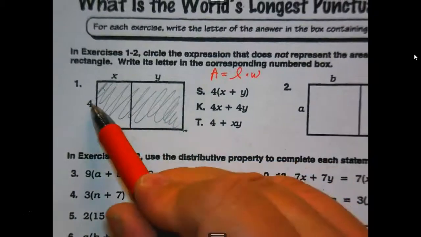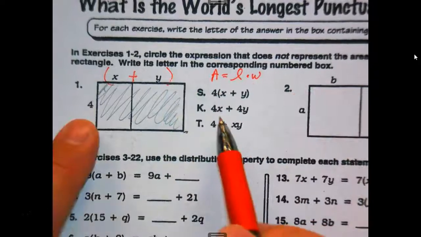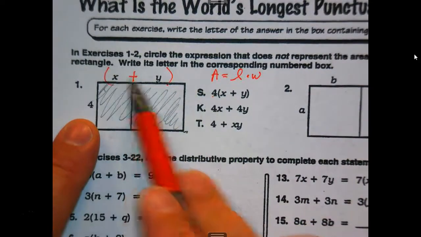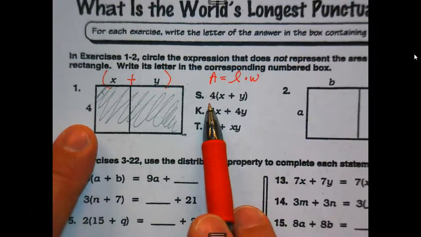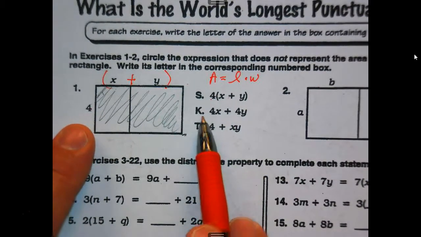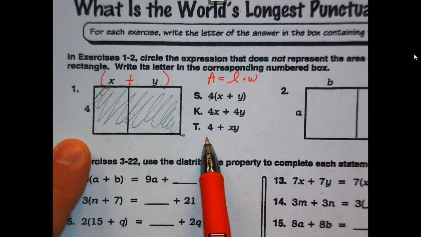So I have 4 times, and then this length is going to be x plus y. So the area is length x plus y times 4, your width. So s works, they just distributed the 4, and t does not work.